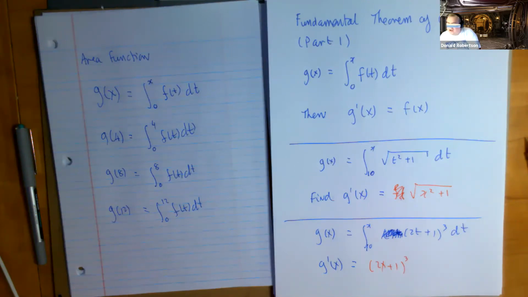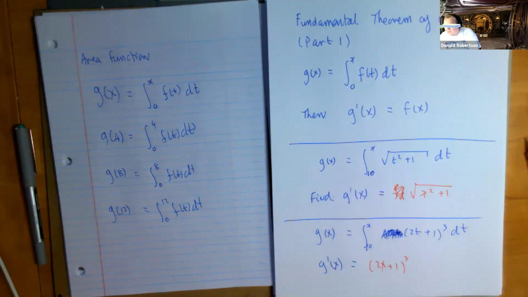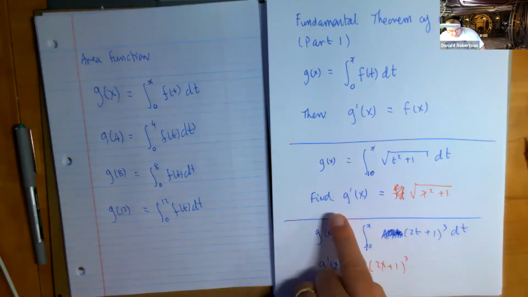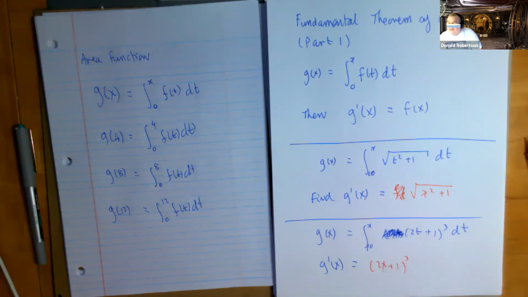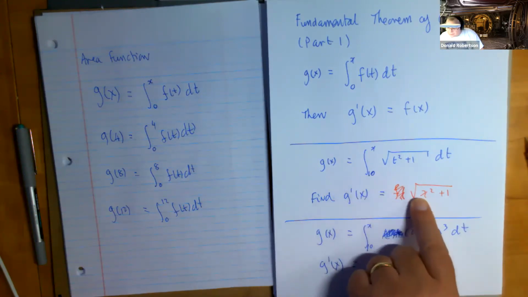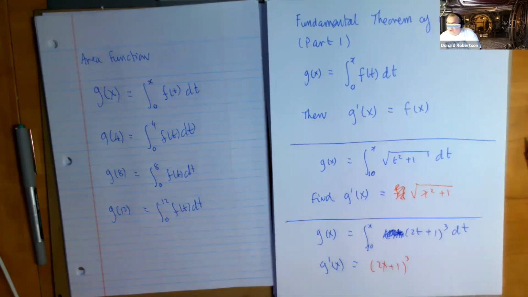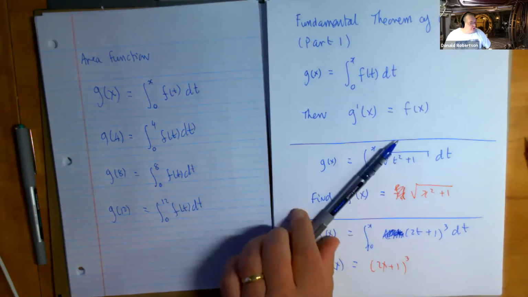So it really doesn't matter what the start value of an area function is. Their derivatives are still going to be the same, even if you change the start number. So if I started at 5, the derivative would still be this. If I start at 0, the derivative of the area function would be that. And that is called the fundamental theorem of calculus, part 1.